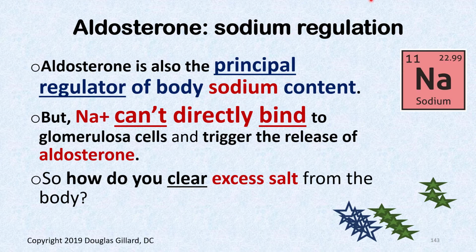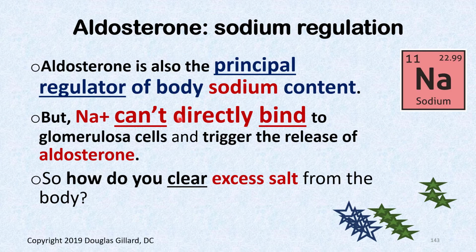So aldosterone, of course, we'll get back to aldosterone. That's the principal regulator of body sodium. We already know that. But here's something you may not know, and I ask this question often, so make sure you know the answer to this question. Even though aldosterone is secreted by, who else secretes aldosterone? Glomerulosa cells.